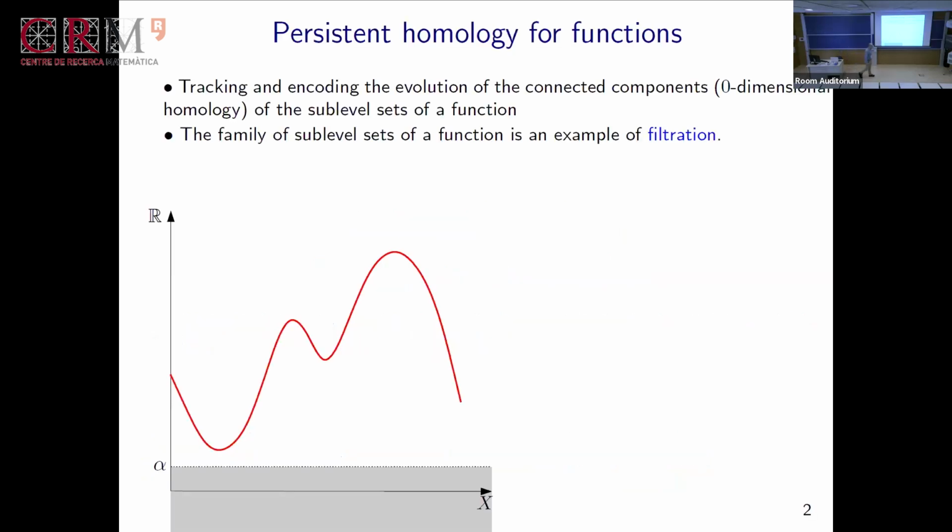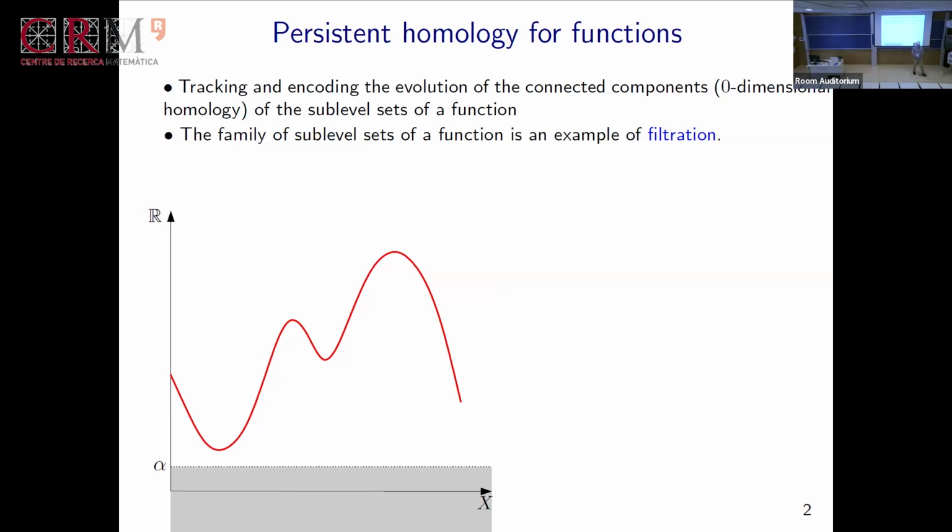Okay, so let's start with a very simple example to try to explain what persistent homology is. I will start with this function. This is a real valued function defined on a topological space X, which is just a real segment. As a growing family of spaces, I'm going to look at the sublevel sets of my function.